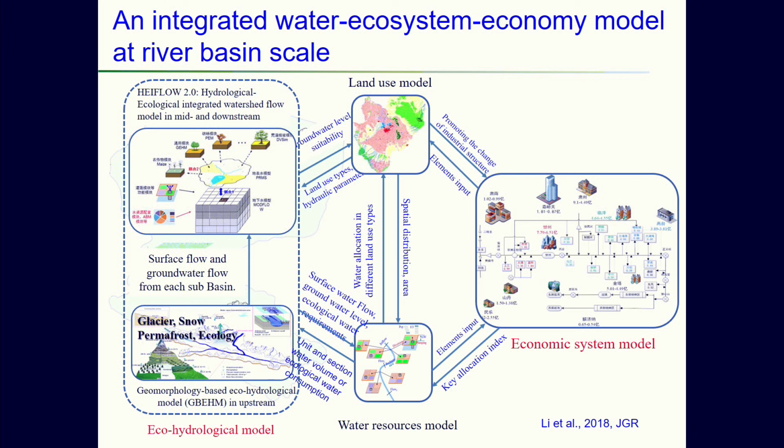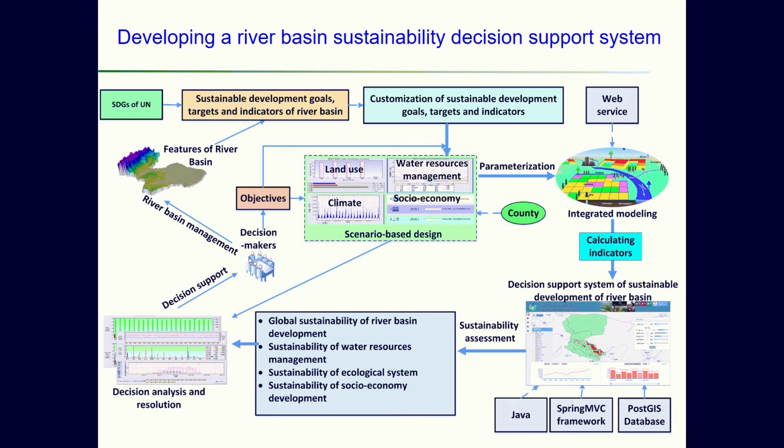We have this kind of bi-directional coupling variables to try to investigate the co-evolution between the nature and the human systems. And based on this model, based on various kinds of data, we also developed the River Basin Sustainability Decision Support System.